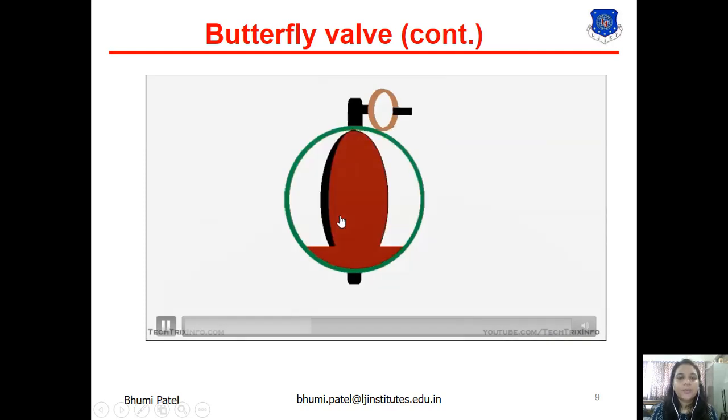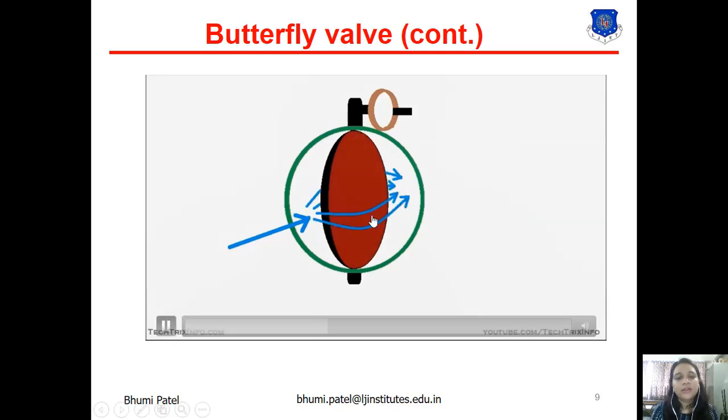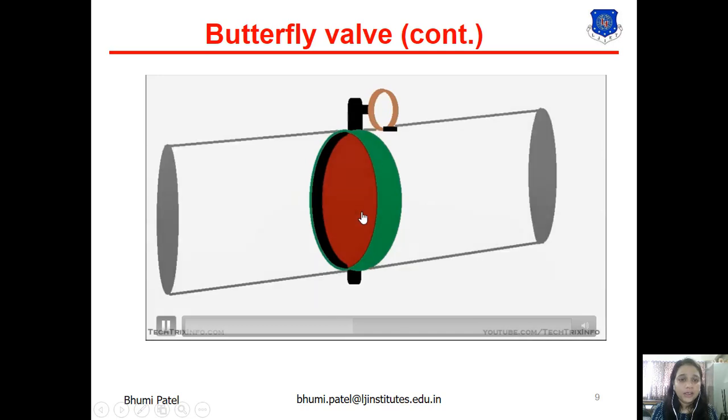So this is the open condition of the butterfly valve. We can pass the flow during this quarter turn position. And this is the fully open butterfly valve, rotated about 180 degrees.